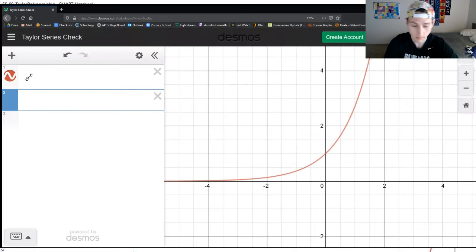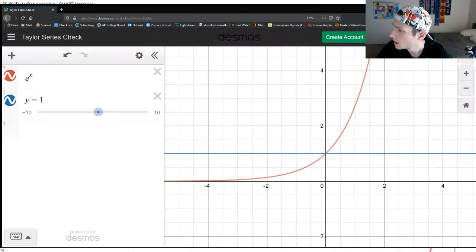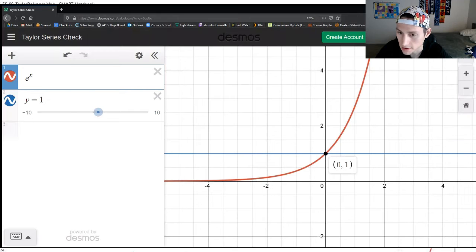The very first term of the polynomial was just 1, right? So if I just have y equals 1, well, that's not a very great approximation. It would only be a good approximation right around here, because as I get further away from that, those two lines are very different.